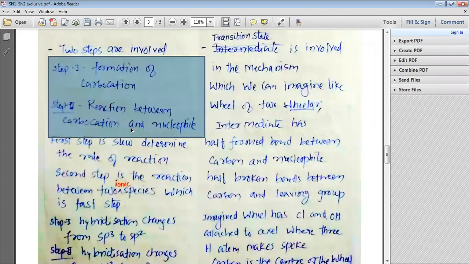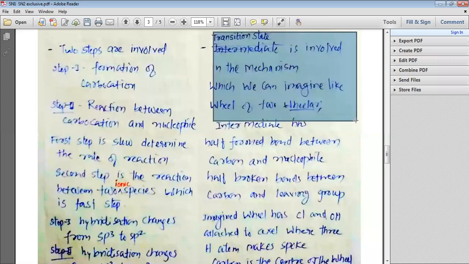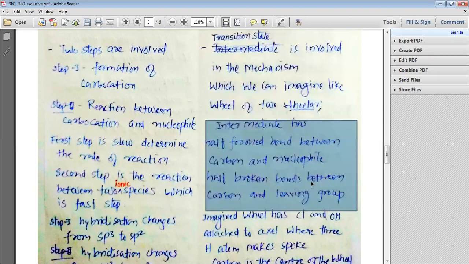But in the SN2 mechanism, my dear students, we can easily find that a transition state is involved, which we can imagine like a wheel. So when we imagine the transition state like a wheel, what happens? The intermediate has half of the bonds formed and half of the bonds broken.